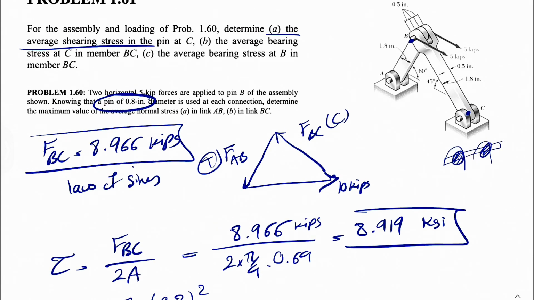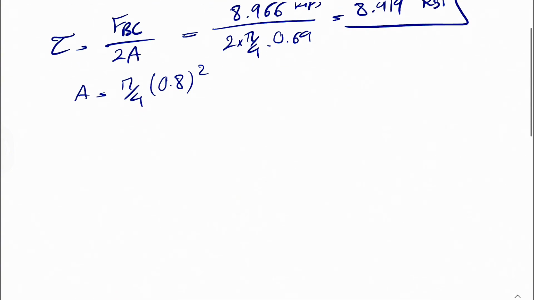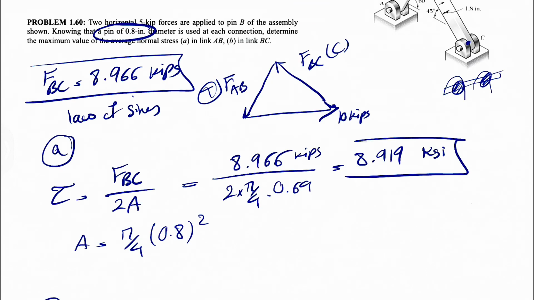In the B part, we need to find the average bearing stress at C in member BC. We talked about bearing stress in the previous videos, and basically we can find the bearing stress by dividing the force, which is FBC, by the area of the rectangle representing the projection of the pin or bolt on the plate section.